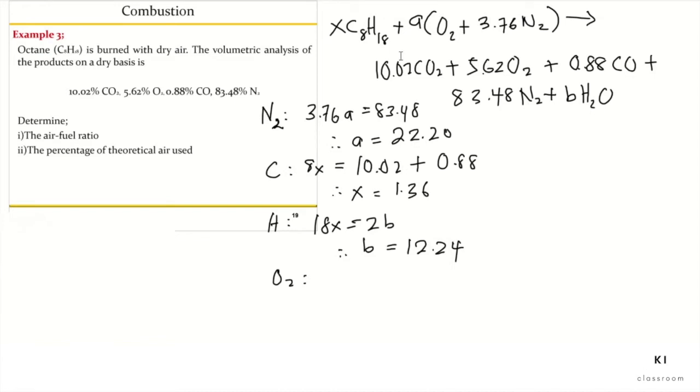A in O2 becomes directly A, and equals 10.02 plus 5.62, plus 0.88 divided by 2, since it is CO and not O2, which gives 0.44, plus B divided by 2, meaning 12.24 divided by 2.